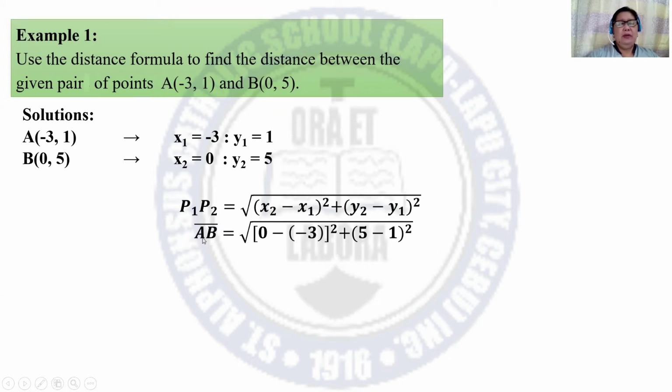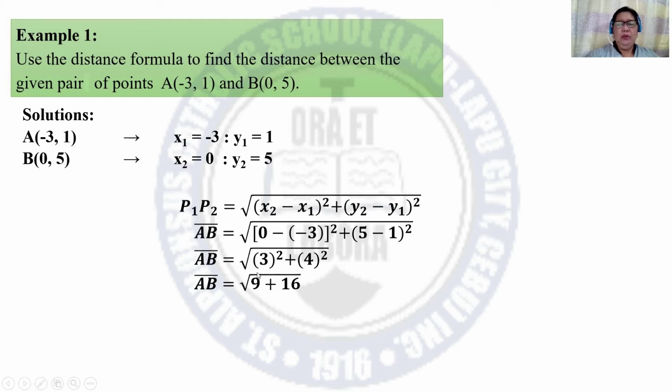The distance from A to B is equal to the square root of x sub 2, which is 0, minus x sub 1, which is -3, then you take the square, plus y sub 2, which is 5, minus y sub 1, which is 1, then you take the square. Then simplify. We have 0 minus -3, which is +3, then you square. 5 minus 1 is 4, then you take the square.